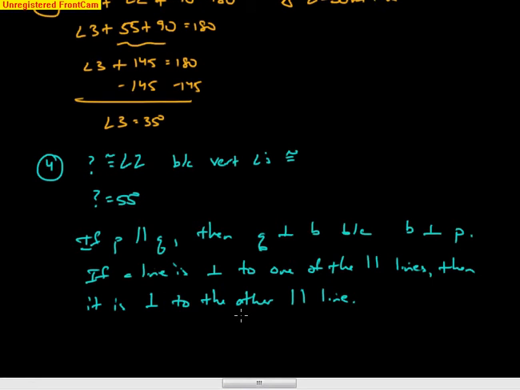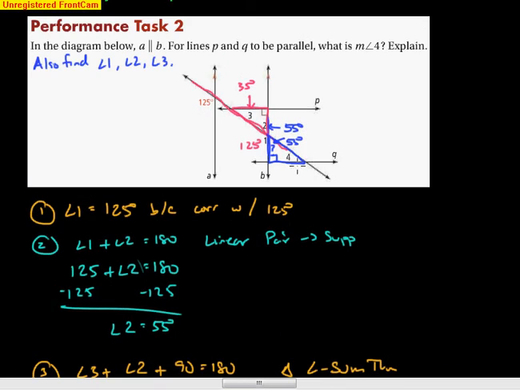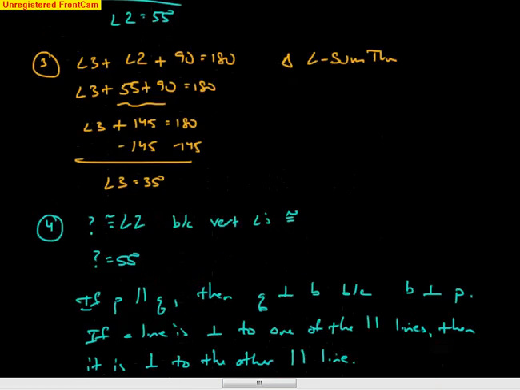So if P were parallel to Q, because B is already perpendicular to P, B would have to be perpendicular to Q. And if that were the case, in this triangle here in blue, we have a right angle. And now look, we can find the measure of angle 4 using this 55-degree angle and that 90-degree angle.